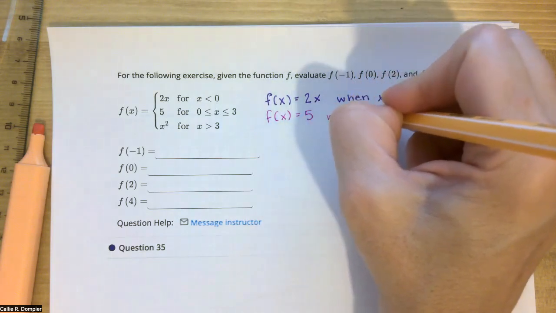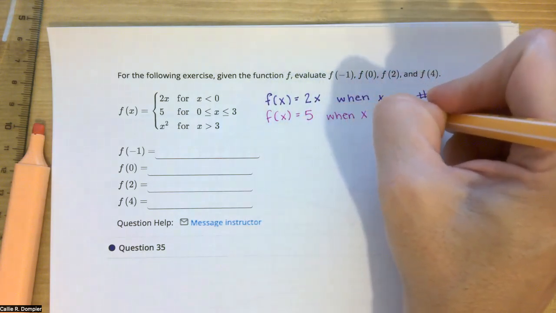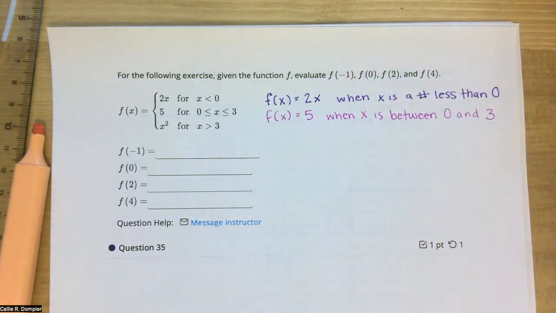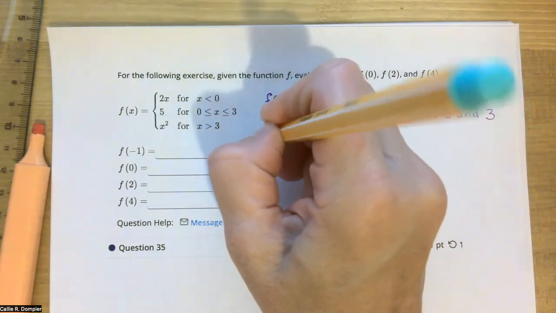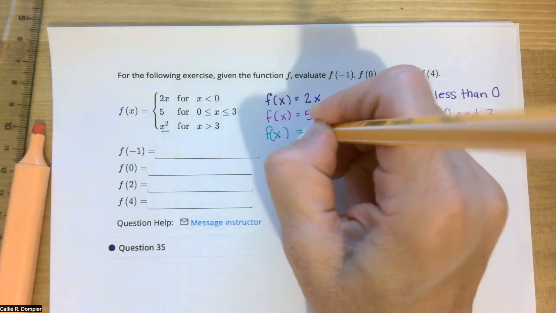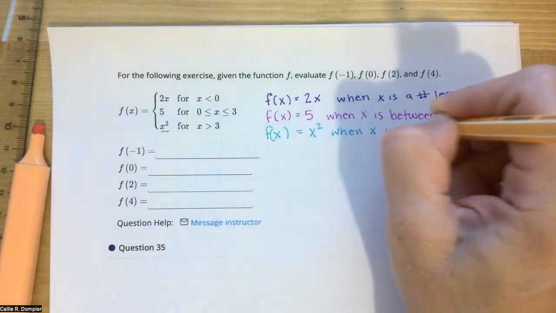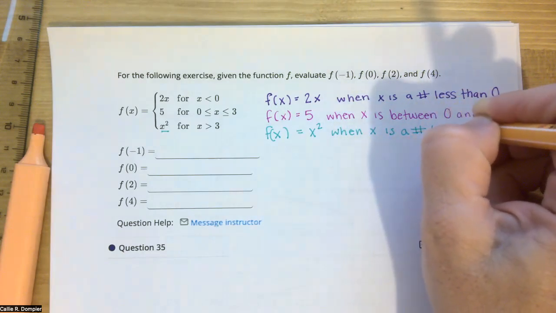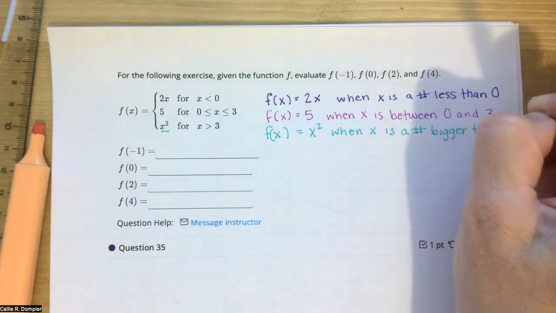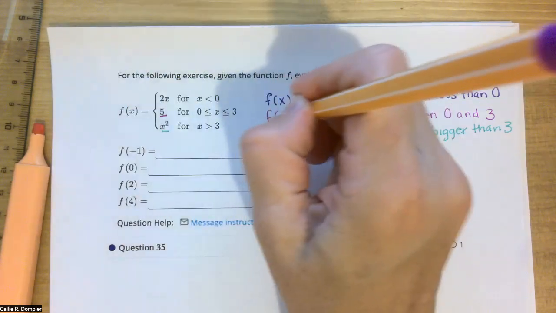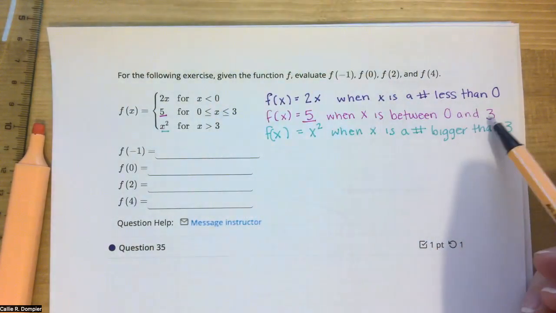When x is between 0 and 3. Okay? And then our last one, f of x is x squared when x is a number bigger than 3. That is all that is saying. Okay, it looks confusing, but we can interpret it. F of x is just the number 5 if we're talking about x being between 0 and 3.